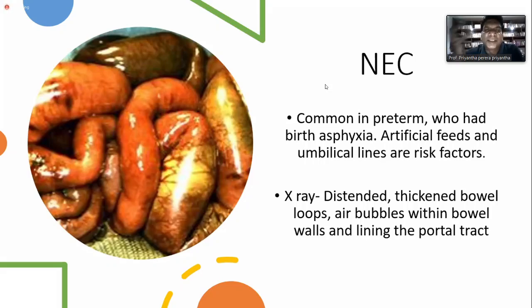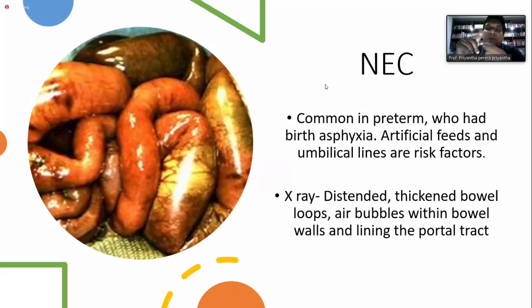So during asphyxia, blood pressure drops, right? When blood pressure drops, blood is diverted from the gut to maintain circulation to the vital organs. So the bowel gives way, and then on top of that the bacteria will multiply, right? That's why birth asphyxia is more likely to cause necrotizing enterocolitis.